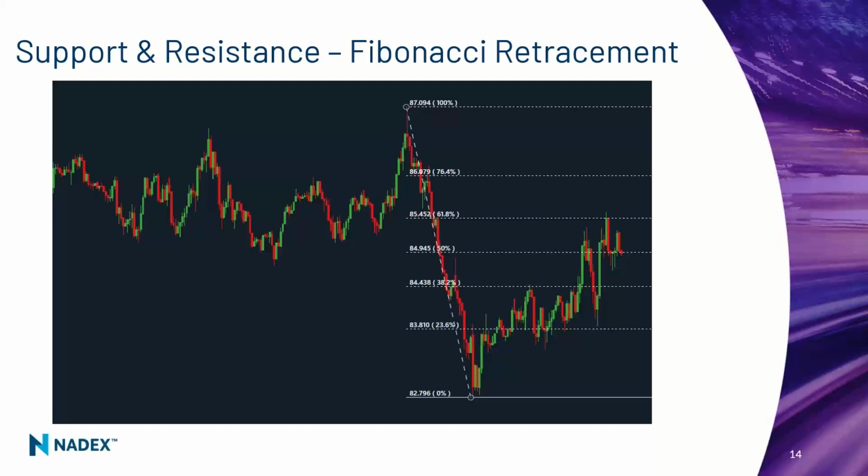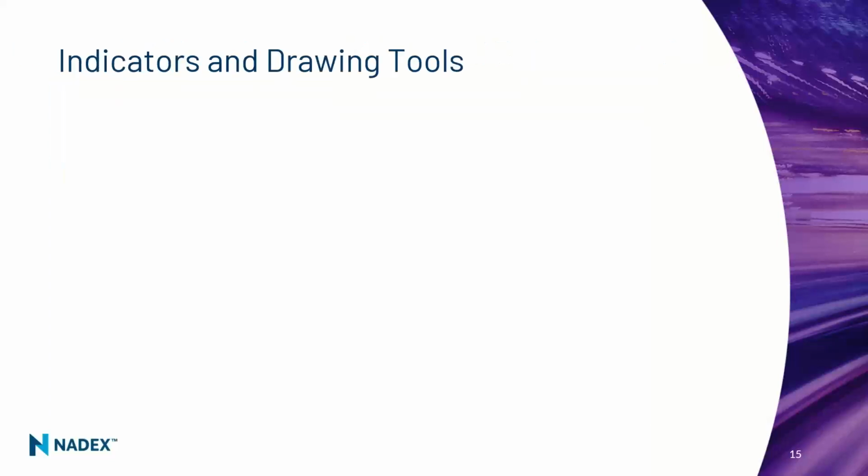And there's something really important that you might have heard in there, and I'm going to talk about that in a second. But Fibonacci is a nice retracement tool to help you find support and resistance levels. And sometimes it becomes a self-fulfilling prophecy when so many people are looking at these tools.